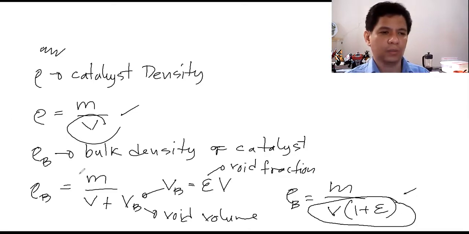No? So the volume of the reactor must be this one. So this provides an empty space wherein the reactant will go. No? So this corresponds to the volume of the reactor.